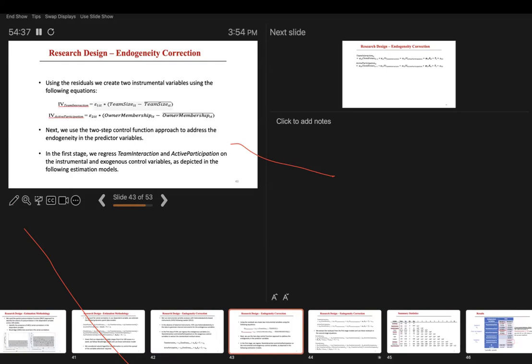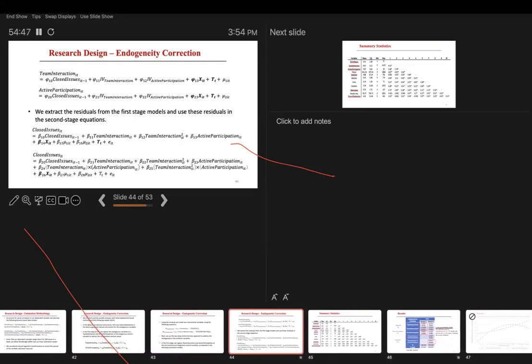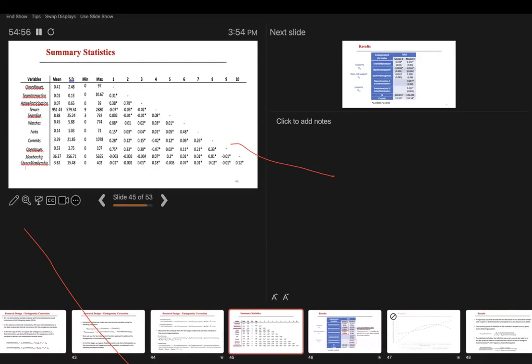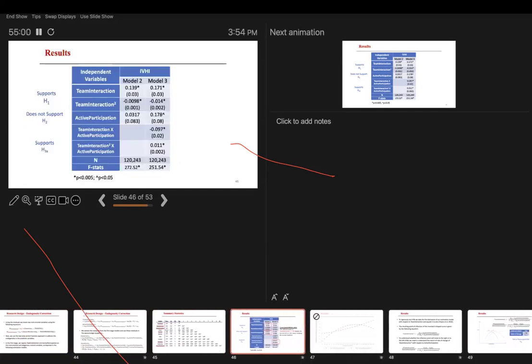And that's where we do the two-step control function. So I'm not going into the details of the technical aspect of the econometric estimation model here. This is all the details behind that, so you can always read it in a paper, which I can share. The summary statistics for the data sets, including the control variables and the results.